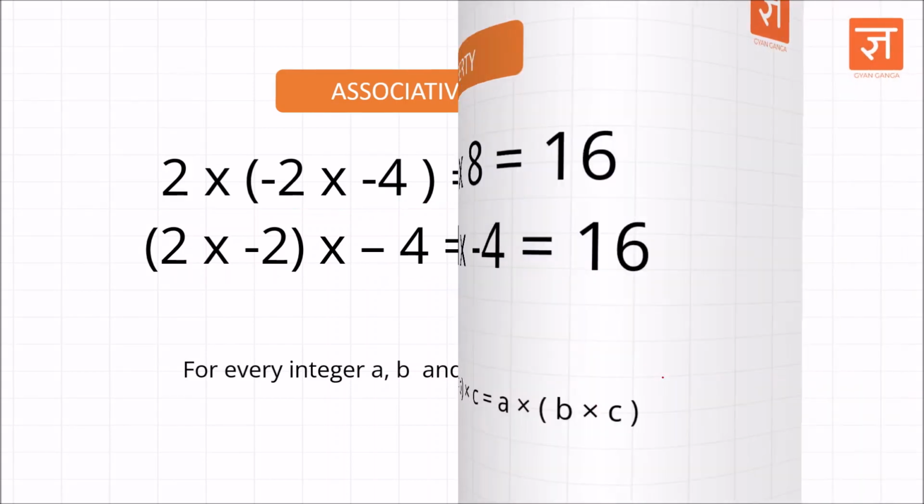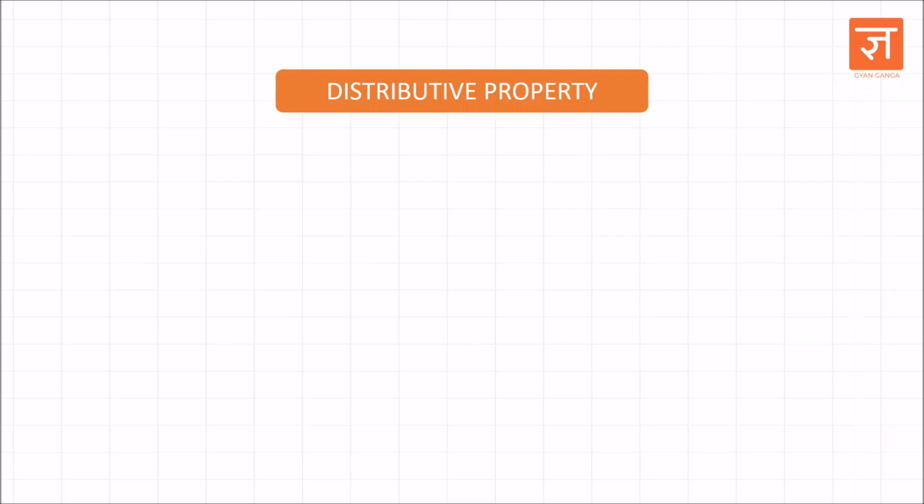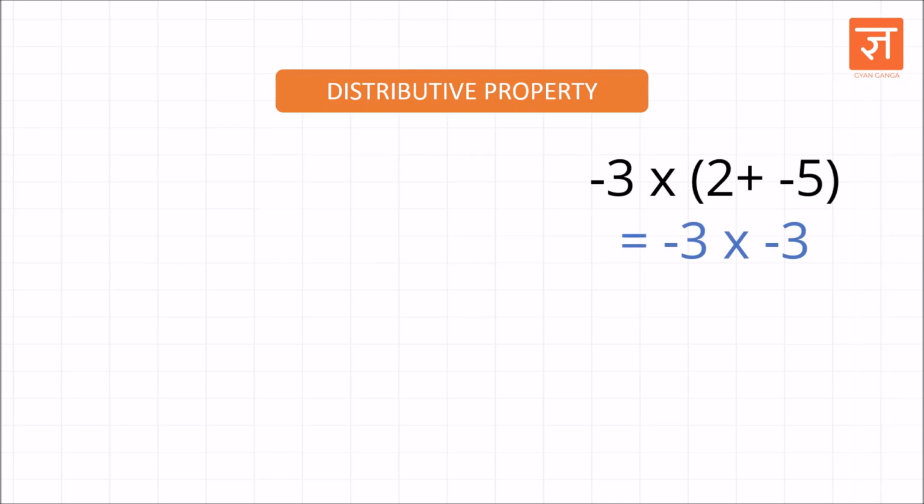Distributive property of the integers: minus 3 into 2 plus minus 5. We have 2 plus minus 5. We got minus 3 as the result, and minus 3 into minus 3 we got 9. Let us see minus 3 into 2 plus minus 5.